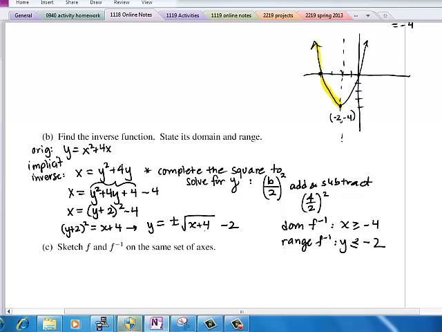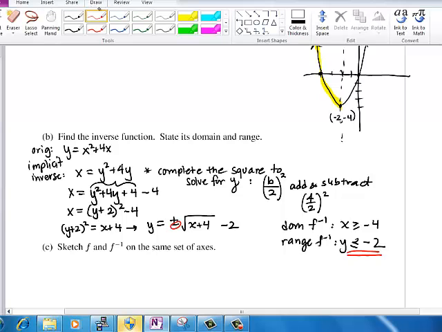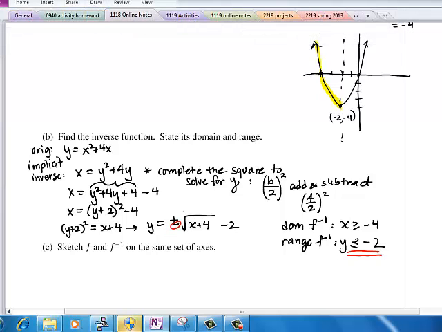So we want to take the negative square root, because we want values that are less than negative 2. We want negative 2 minus the square root of x plus 4. So here is our explicit inverse. We've solved for y, and what we get then is f inverse of x equals negative square root of x plus 4, minus 2.